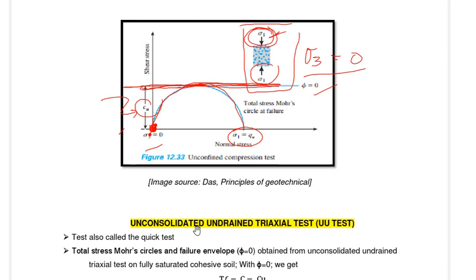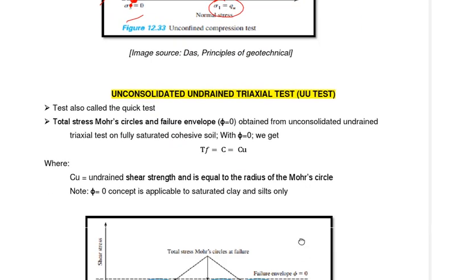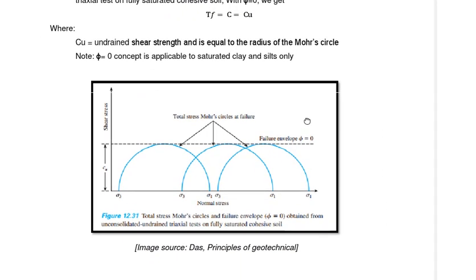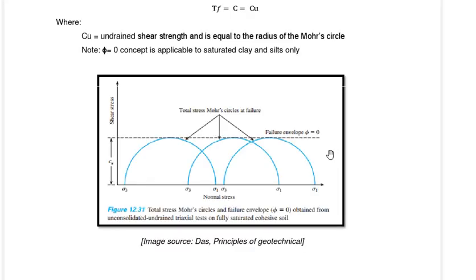Here, the unconsolidated undrained triaxial test, or what we call the UU test. So, the UU test is another total stress test. So, like the UC test, we do not measure pore pressure and we do not compute the effective stresses.